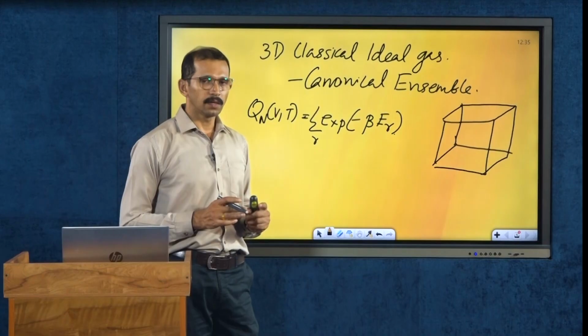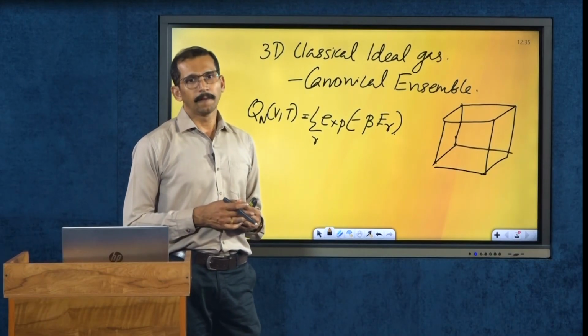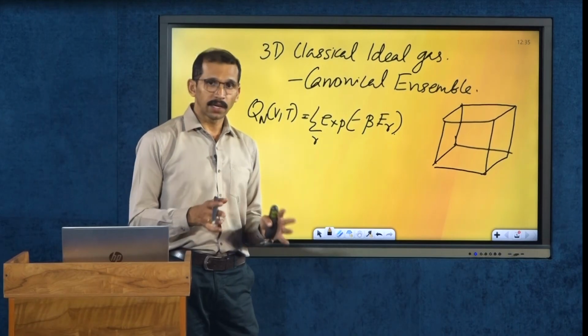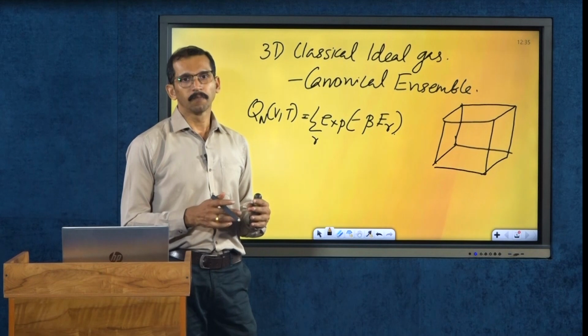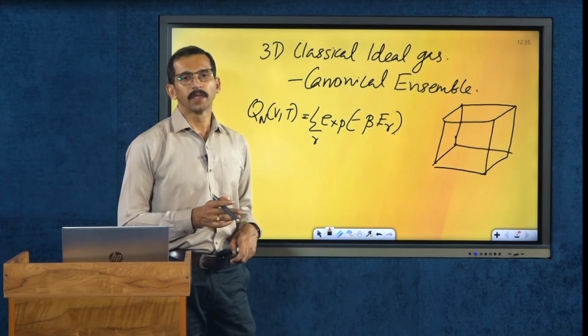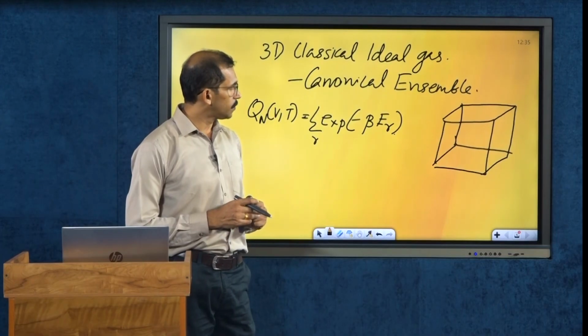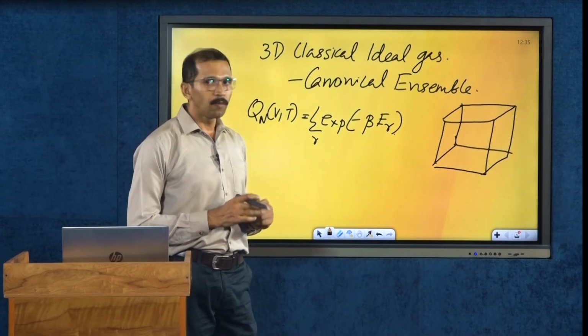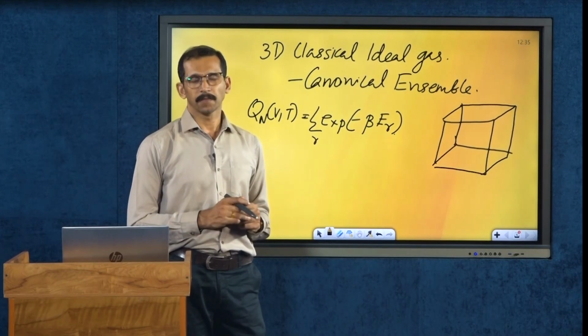And if you remember, for any ideal gas, the particles do not interact with each other and they have associated properties assigned to them, right? And now the question is: how many microstates are possible in such a system?